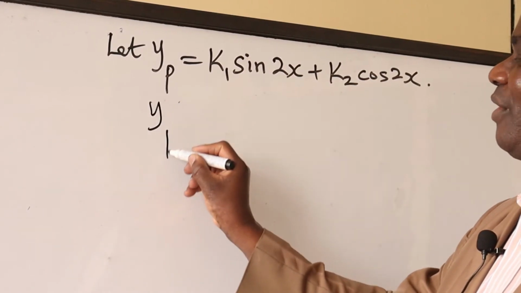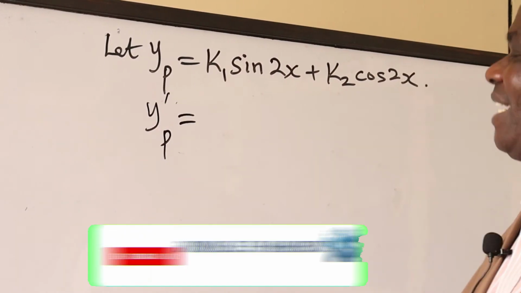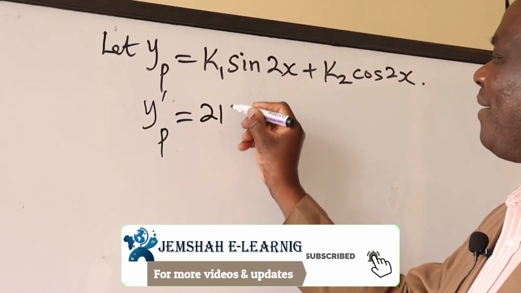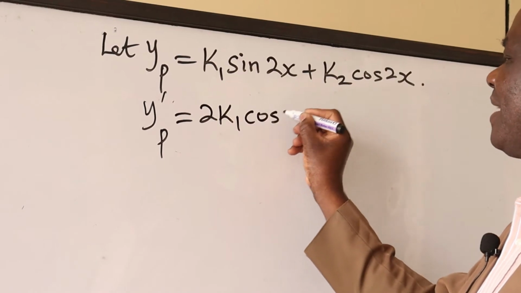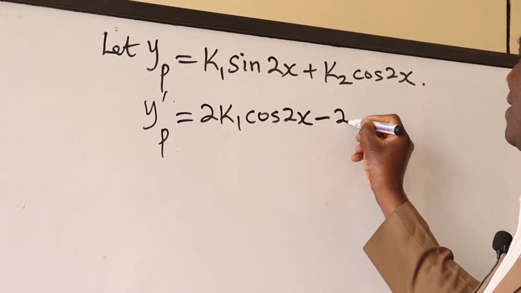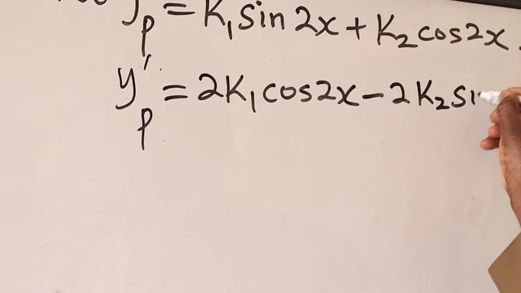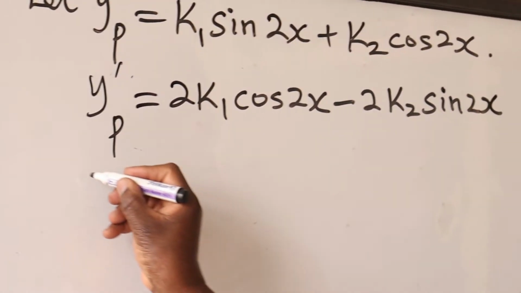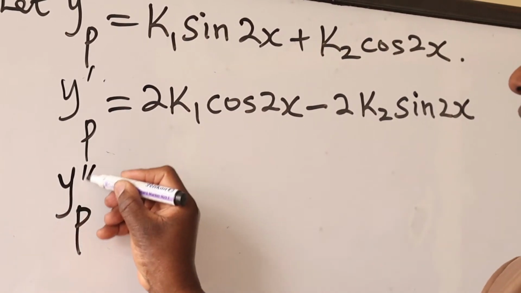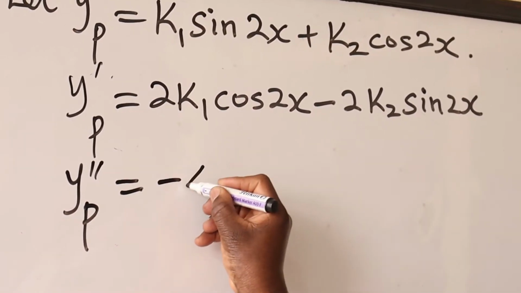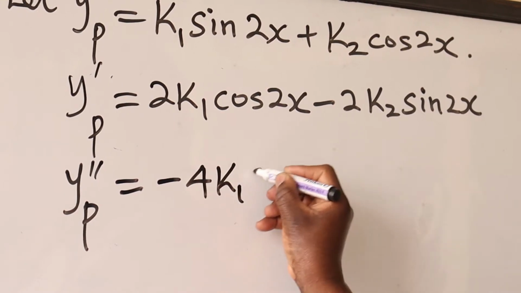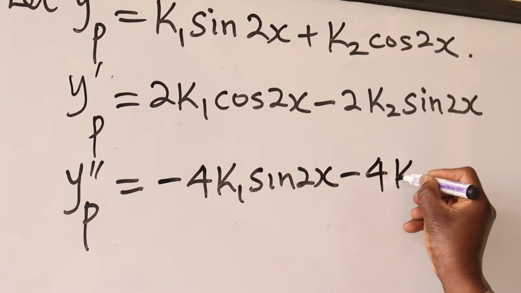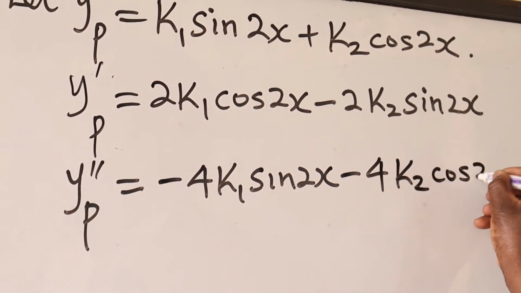Therefore, we can operate on it and get the first derivative. The first derivative will now be 2k1 cos 2x minus 2k2 sine 2x. The second derivative will now be minus 4k1 sine 2x minus 4k2 cos 2x.